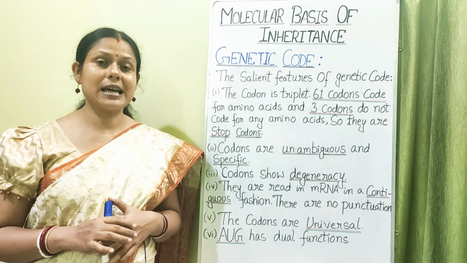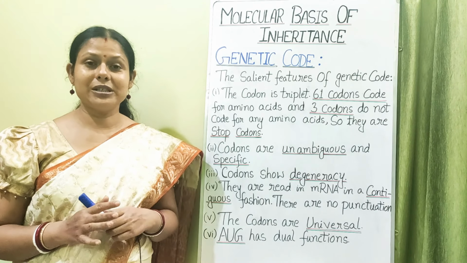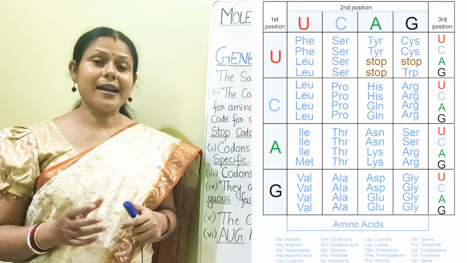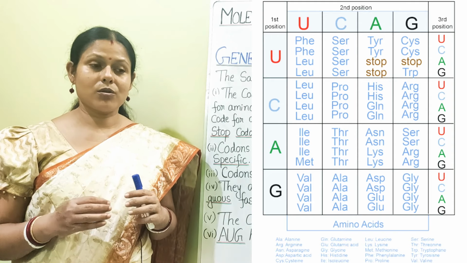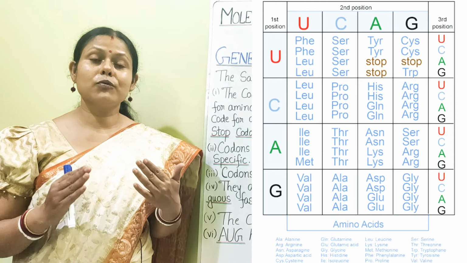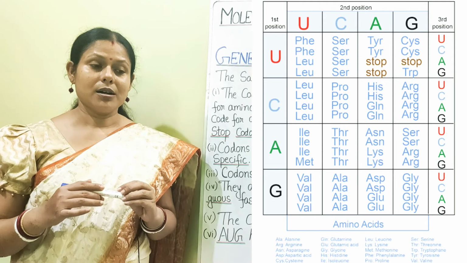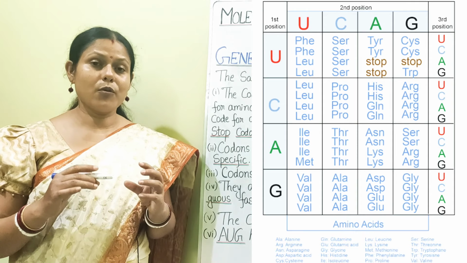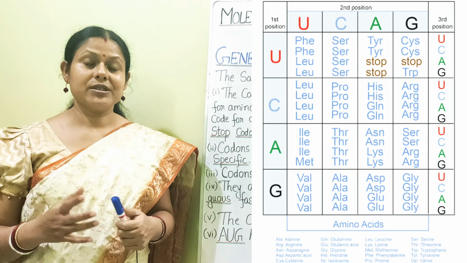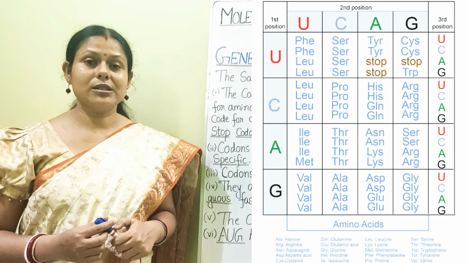If we arrange the nucleic acids by means of permutation and combination, since there are 20 amino acids and since there are 4 nucleotides, if we arrange them as 4 to the power 3, that means 4 into 4 into 4, it becomes a total of 64 nucleotide sequences, or you can say the codes which will be coding for the 20 amino acids.